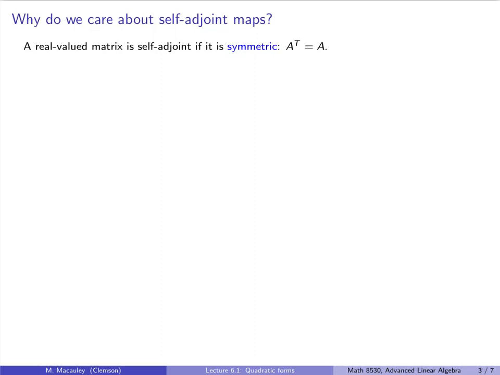Just a quick recap. A real valued matrix is self-adjoint if it's symmetric, and a complex valued matrix is self-adjoint if it is Hermitian.